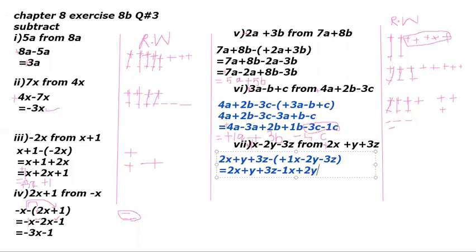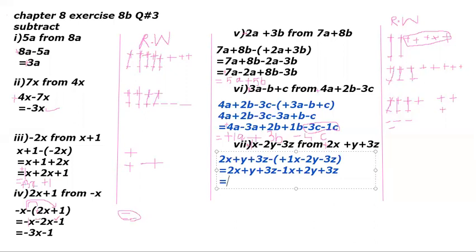Now we will multiply the negative sign with the sign of the third term. Third term is 3z. Negative sign multiplied by negative sign will always give us a positive sign, positive 3z. And we have removed the brackets. In the next step, I will collect the like terms.